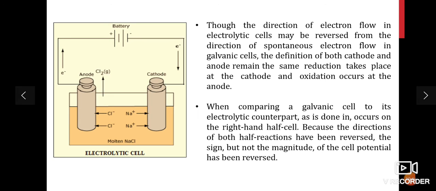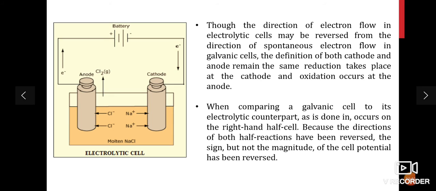Though the direction of electron flow in electrolytic cells may be reversed from the direction of spontaneous electron flow in galvanic cells, the definitions of cathode and anode remain the same. Reduction takes place at the cathode, whereas oxidation takes place at the anode. When comparing a galvanic cell to its electrolytic counterpart, the reaction occurs on the opposite half cell, because the directions of both half reactions have been reversed.